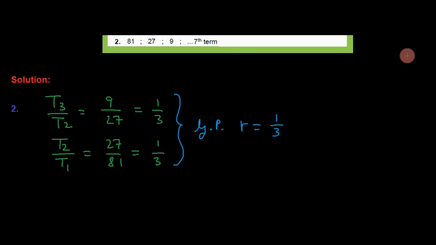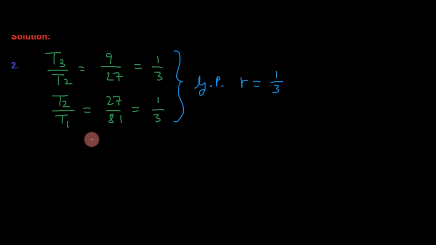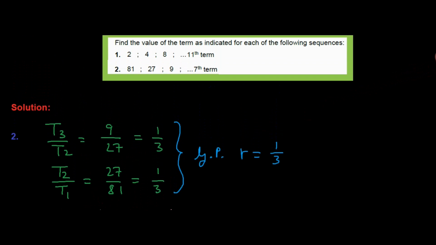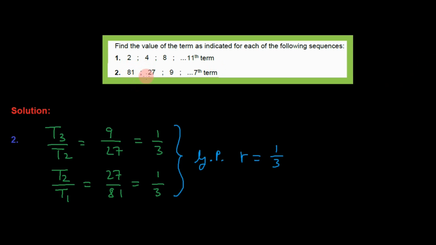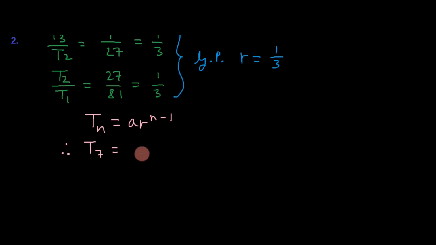We must find the value of the seventh term. So using the formula T sub n equals AR to the n minus 1, we want T sub 7. A is the first term, and that's equal to 81. So 81 times R, which is a third, to the n minus 1, which is 7 minus 1, in other words 6.